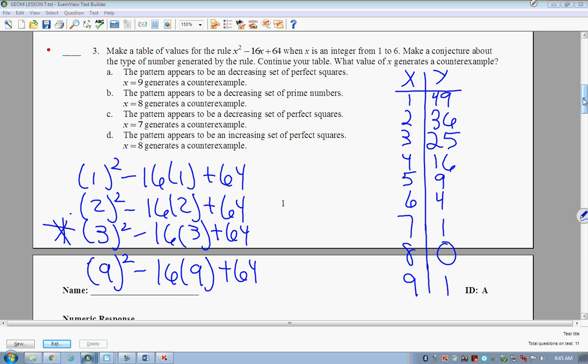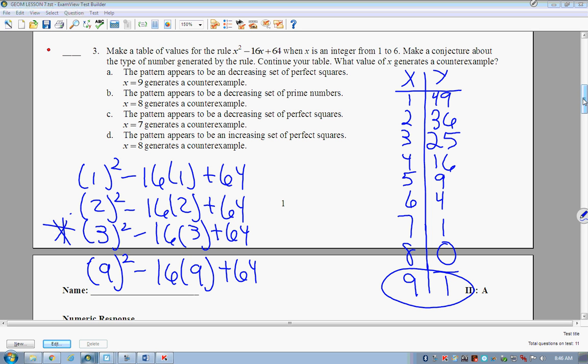Can anybody tell me what the counterexample is? No? How about x equals 9? Why is x equals 9 a counterexample to the statement that the pattern is a decreasing set of perfect squares? Right, it's no longer going down.